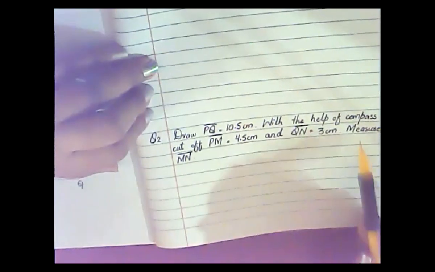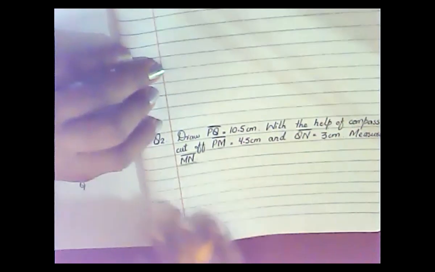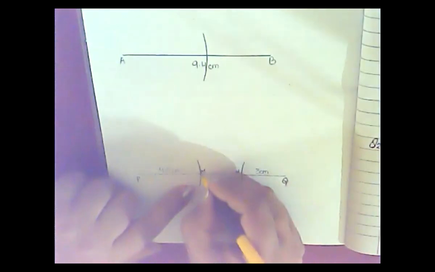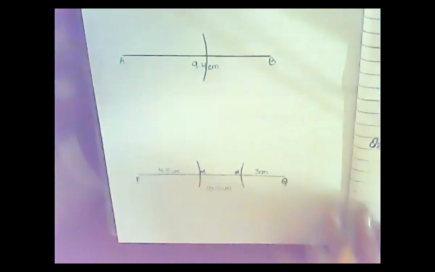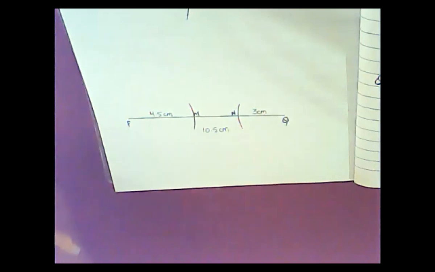Now at the end, what you have to do, you have to measure MN. Now where is your MN? This is your point M, and this is your point N. So you have to measure this MN. I'm going to measure it with the help of my scale.